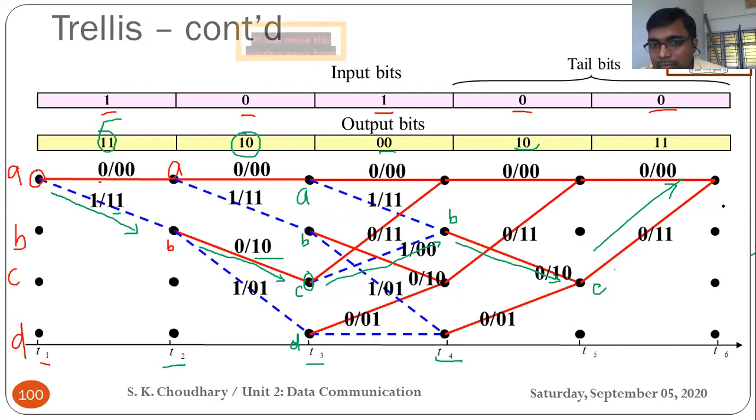That is shown here, 1 1. And again you end at C. And this is the beauty of the trellis diagram. You started from a particular state, and you also end your diagram at the same state. This is one of the beauties of the trellis diagram.